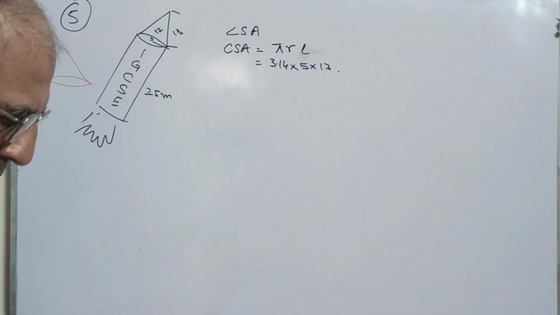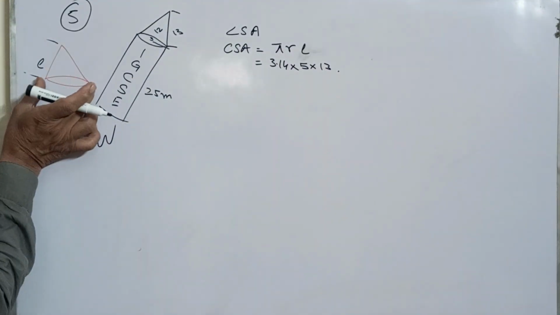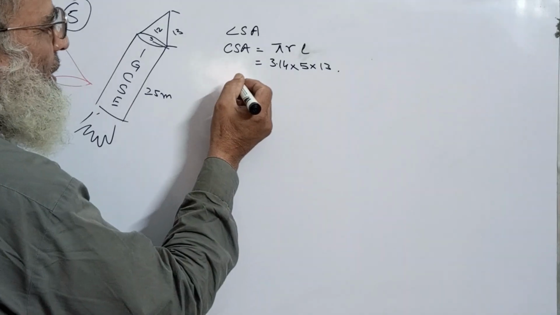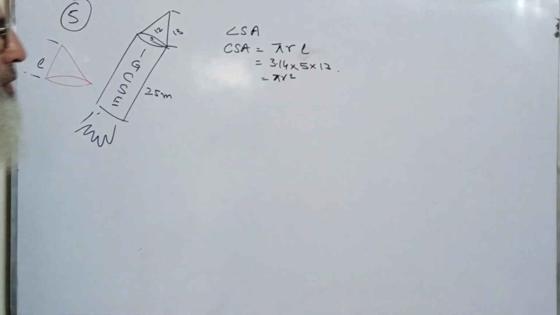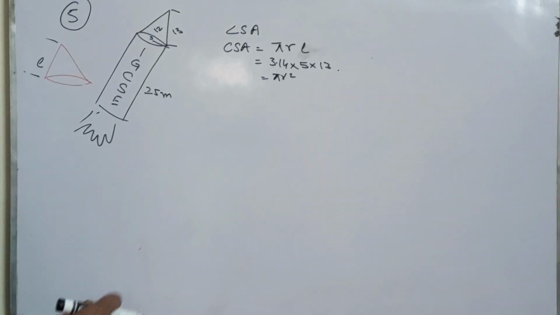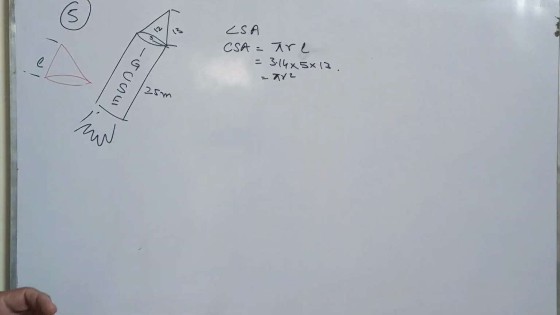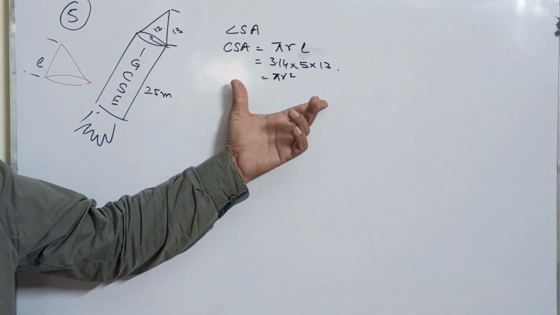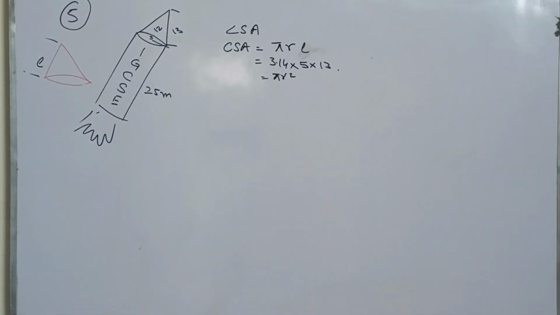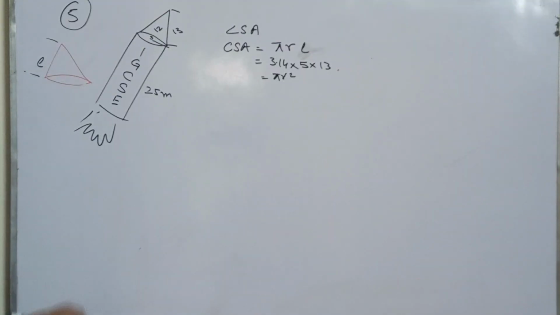Now this is the curved surface area, and then there is the circular area, which is pi r squared. Though my student has asked me to only write the formula, I am going to solve it to confirm the question is correct or not.